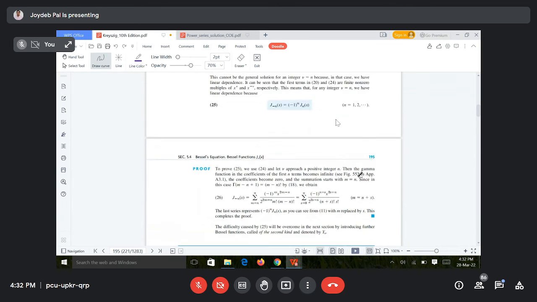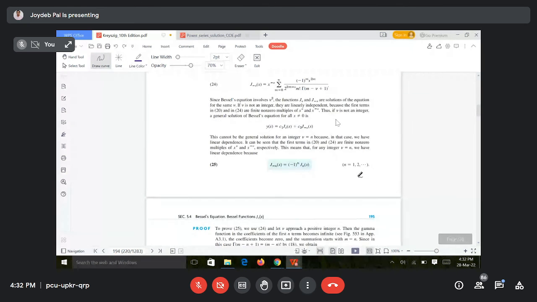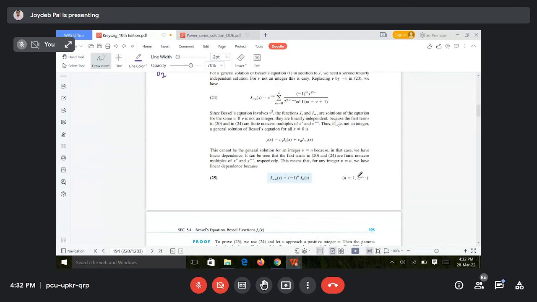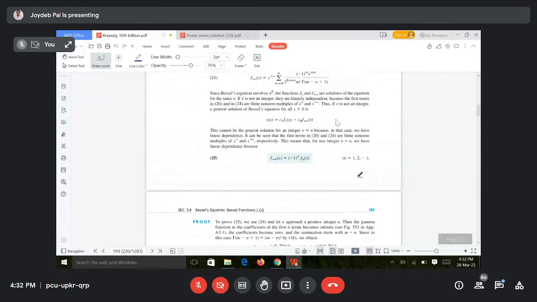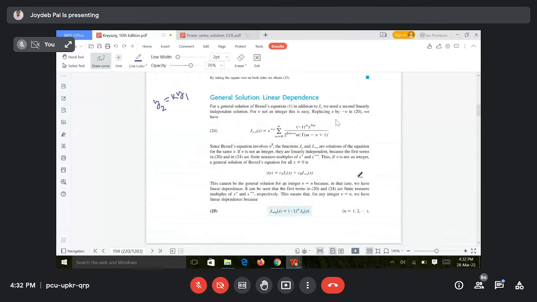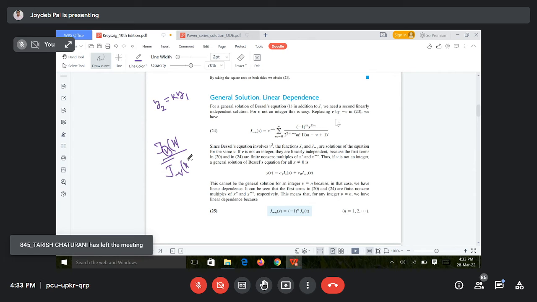Fine. Now the last theory part I'm going to conclude. We are going to solve more problems from here, but the last theory part is what we have seen: if nu is a positive integer, then J nu and J minus nu are dependent, right?